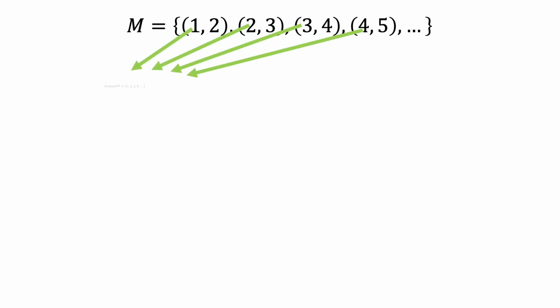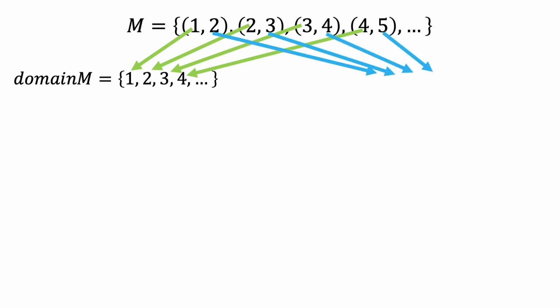Thus, the elements of the domain M are 1, 2, 3, 4, and so on. I also know that the second value in each ordered pair is the range or codomain. Therefore, the elements of the range are 2, 3, 4, 5, and so on.